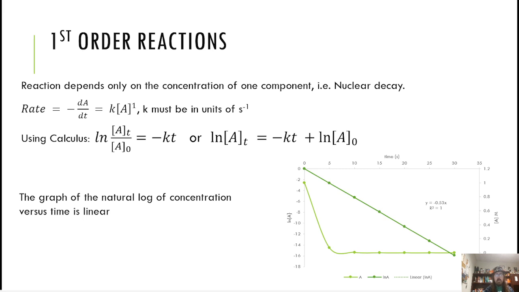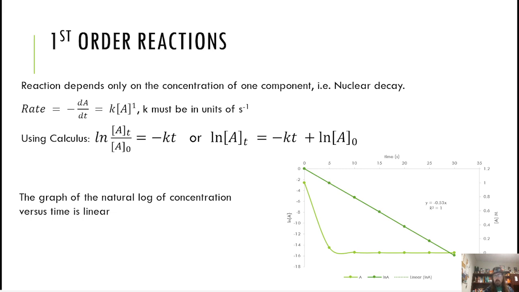So I need to look at these reactions with respect to each order individually. Now, a first order reaction, remember, only depends on the concentration of one component, saying that this atom will break apart or react with itself, and it's only a direct correlation that this atom shatters.